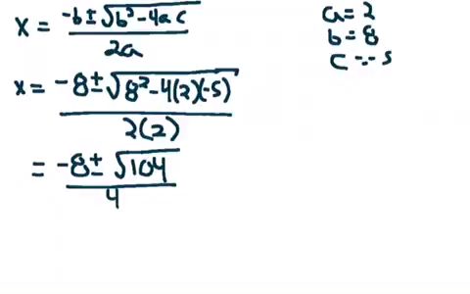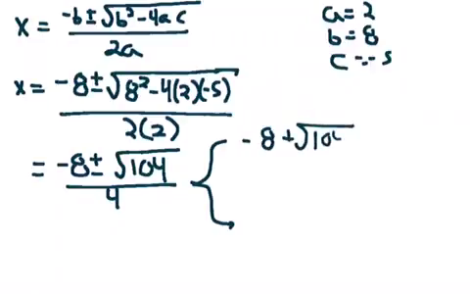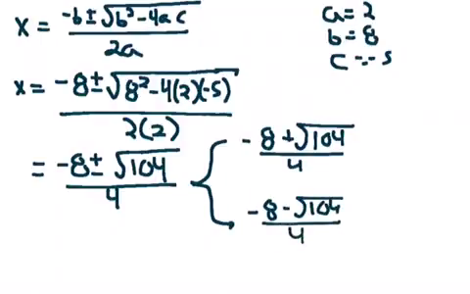Then we have our two solutions that we can break up into 2. We've got negative 8 plus the square root of 104 over 4, and we also have negative 8 minus the square root of 104 over 4.